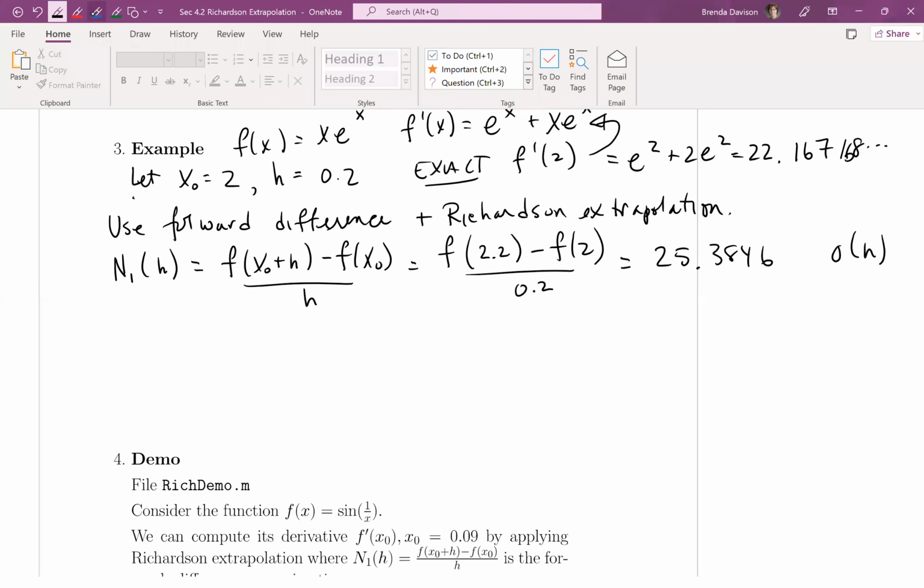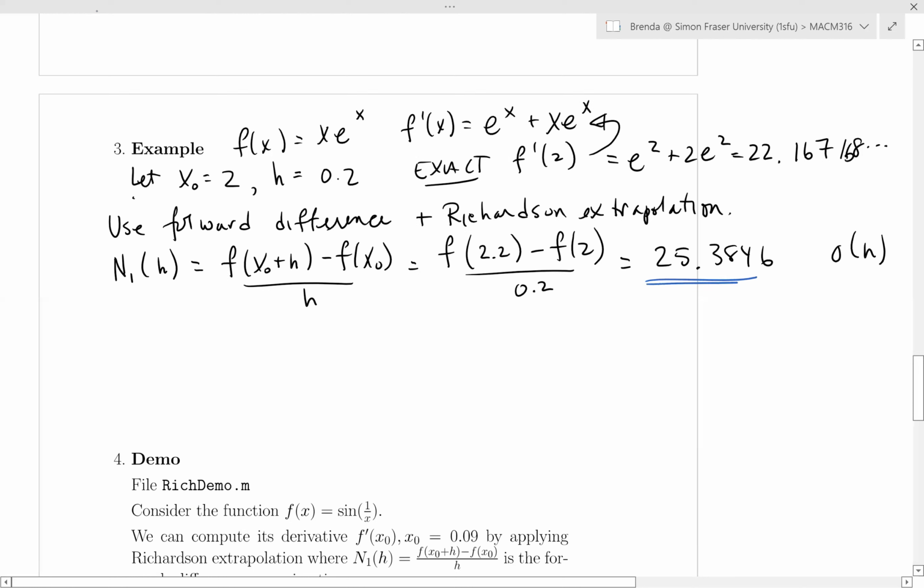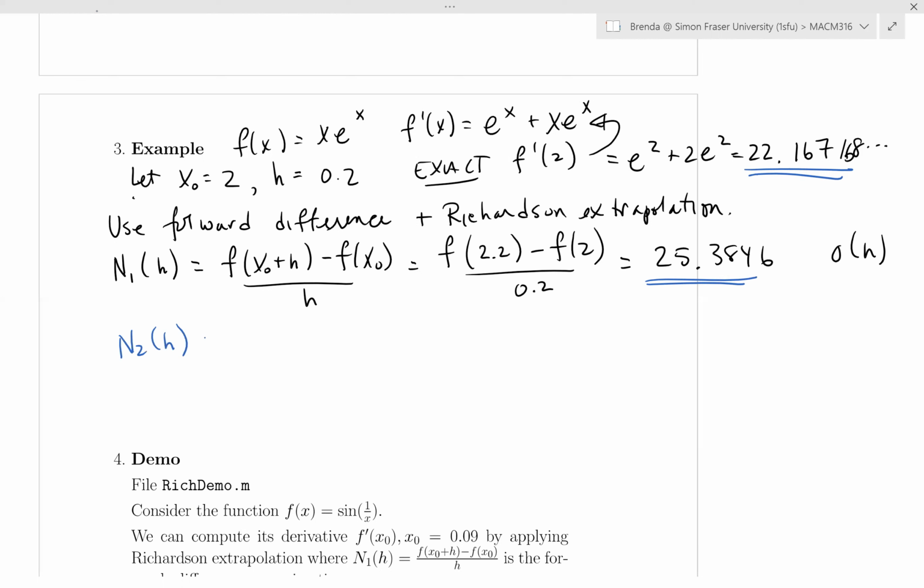Okay, you'll notice the difference here. That's my approximation. There's the exact answer. And it's not completely desperate, but it's hardly really good. Now I am going to calculate N2 of H. N2 of H is 2 N1 of H over 2 minus N1 of H, already calculated.